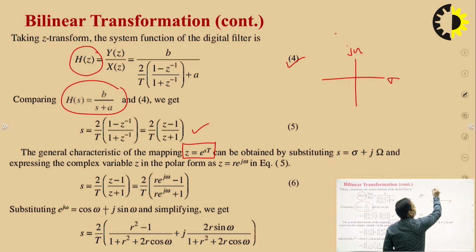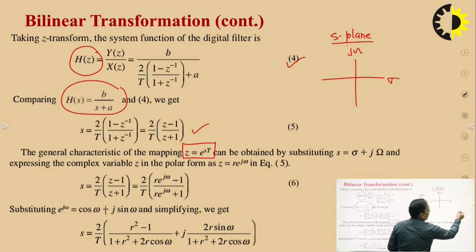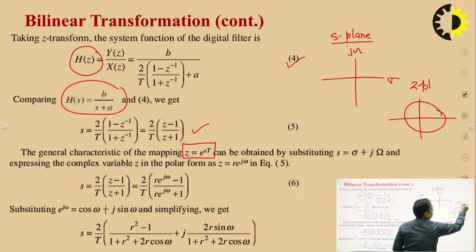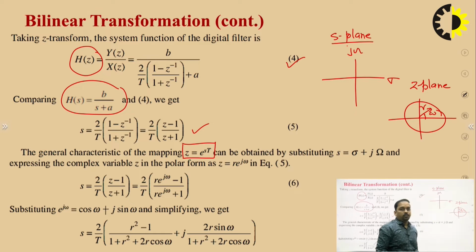This is the S plane, and its corresponding Z plane will be in the form of a circle, where the radius is r and omega is the angle. So we are going to map the S plane to the Z plane.